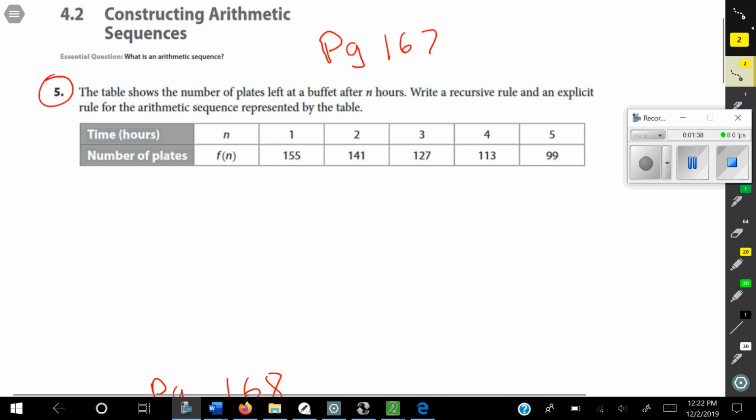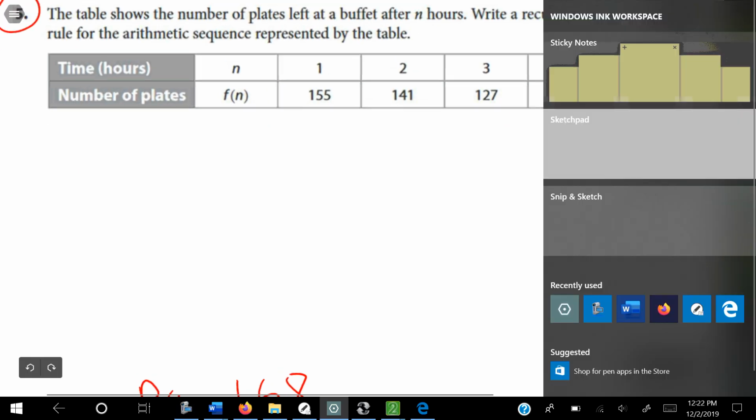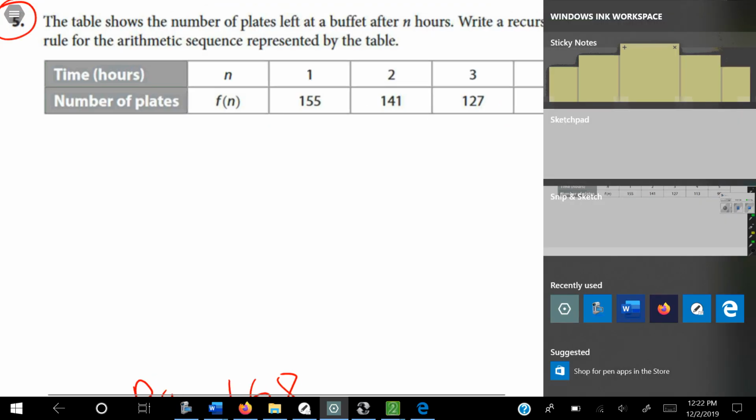Okay, for our first example, we're looking at constructing an arithmetic sequence, and it says here the table shows the number of plates left at a buffet after n hours. It says write the recursive rule and the explicit rule for the arithmetic sequence represented by the table. So instead of just having a list of numbers, it gives us an actual table that we're working with.